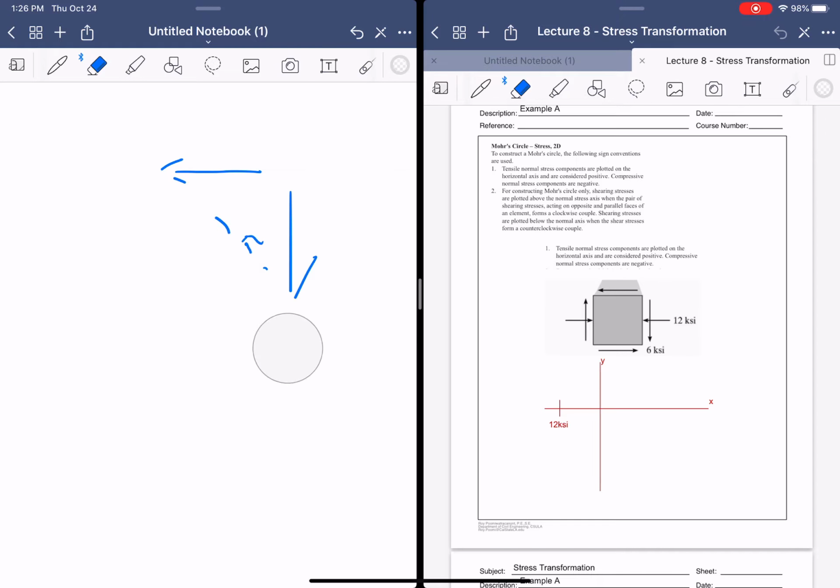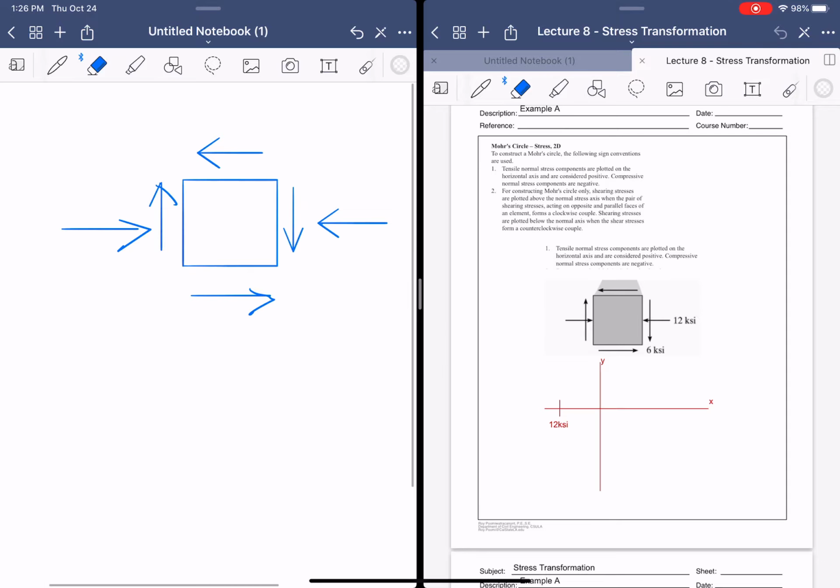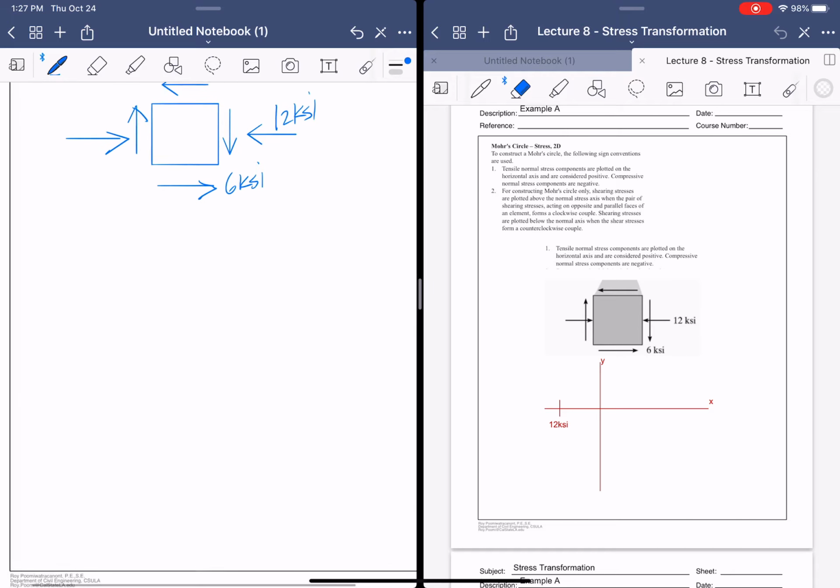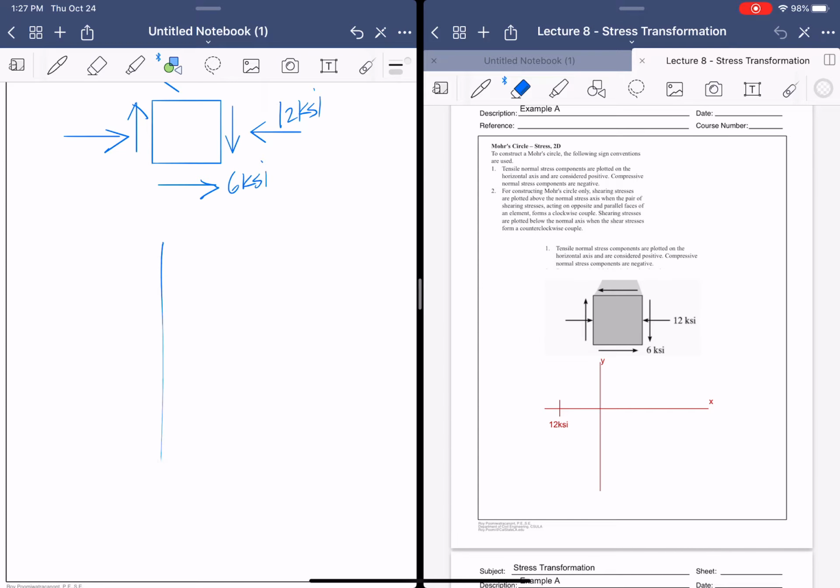So now, we've clarified that shear stuff, and we'll go back to this problem right here. And we have a 12 KSI and a 6 KSI here. And this is our problem. And what we'll do is, down here, draw our axes, and we'll shift it over because I believe it's a little more like that, this problem, okay?